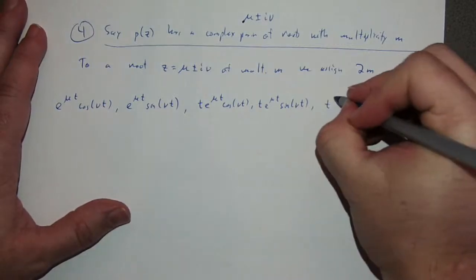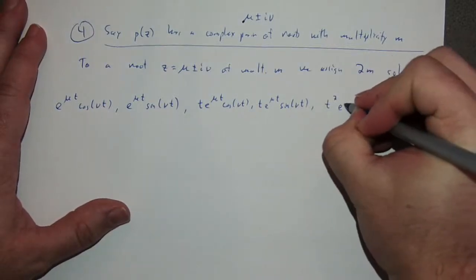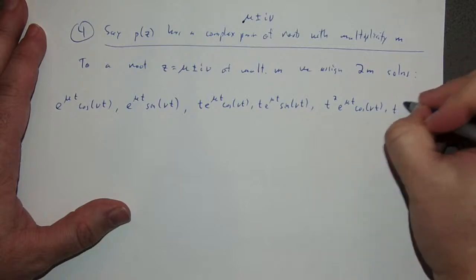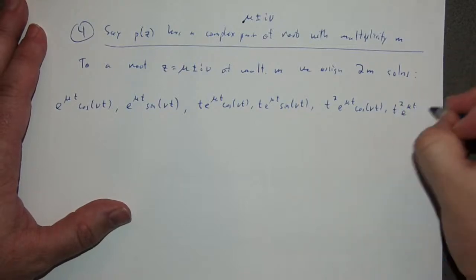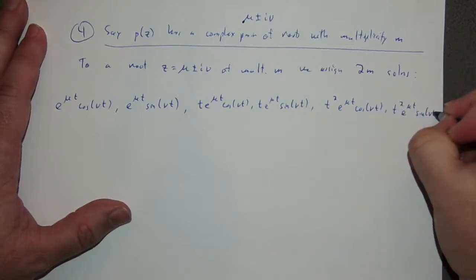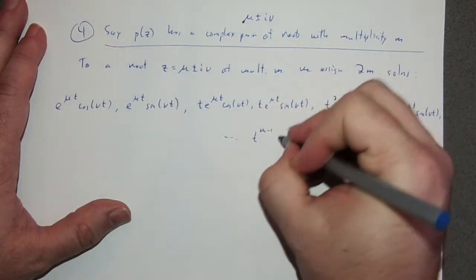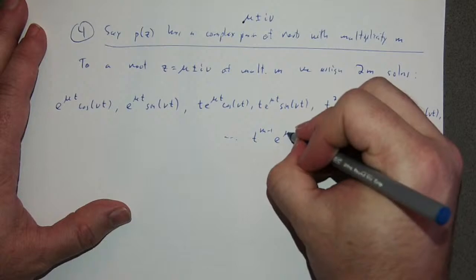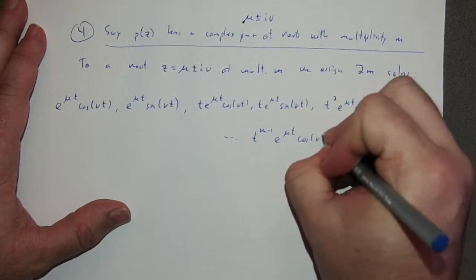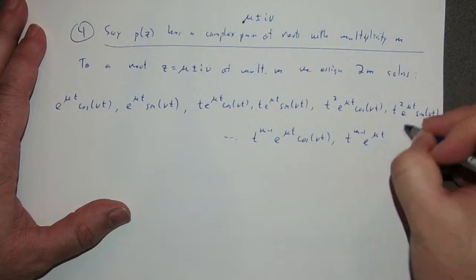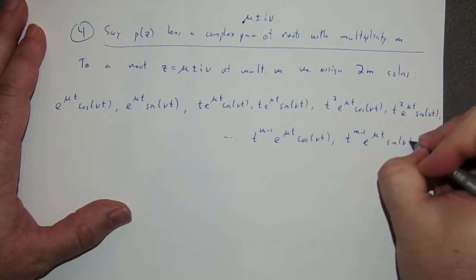Next would be t squared e to the mu t cosine nu t, and t squared e to the mu t sine nu t. And then I keep going all the way up to t to the m minus 1 e to the mu t cosine nu t, t to the m minus 1 e to the mu t sine nu t.